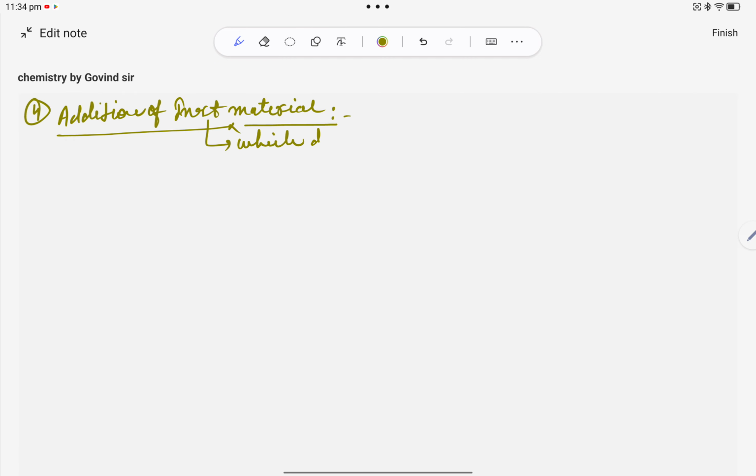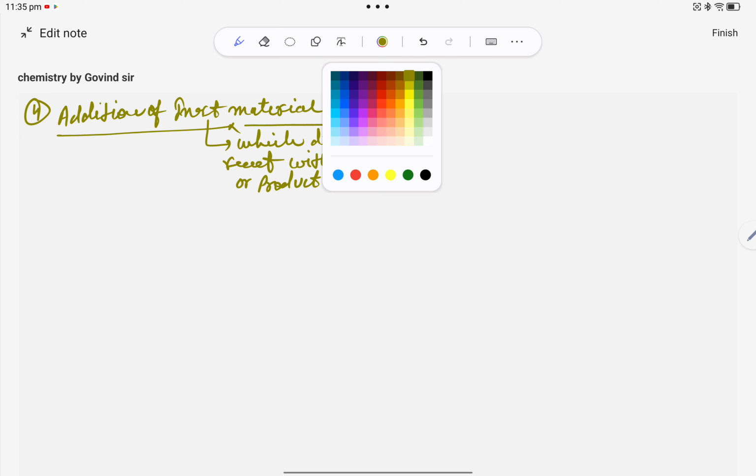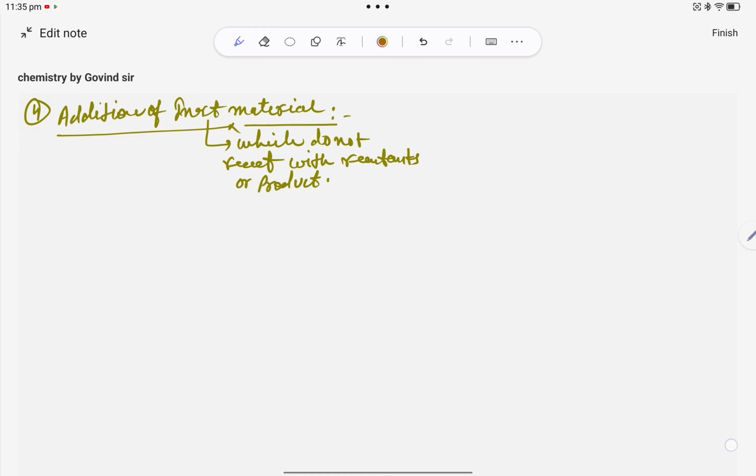Which does not react with reactant or product, that is called inert material. So what happens in that case?